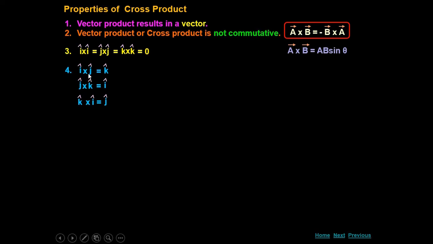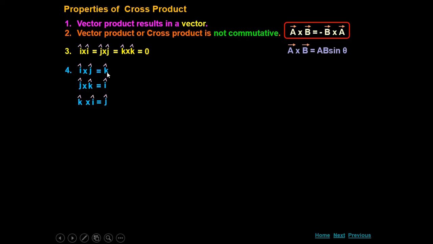Then if you take i cross j, you are taking i cap along the x axis and j cap along the y axis. These two unit vectors are in the xy plane. So a cross b equals the c vector. What is the c vector? The resultant vector. The resultant vector will be perpendicular to the plane in which these i and j unit vectors lie. So i cap cross j cap means they are in the xy plane, and the result is perpendicular to this plane.